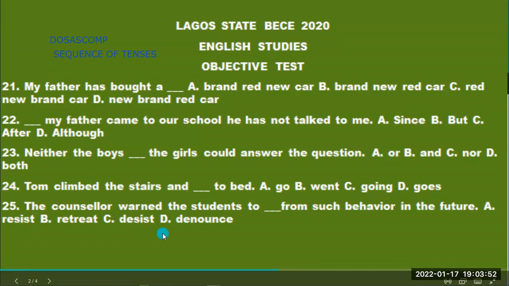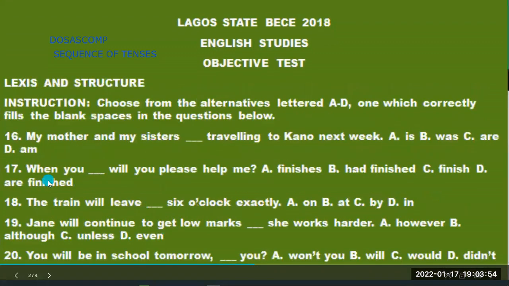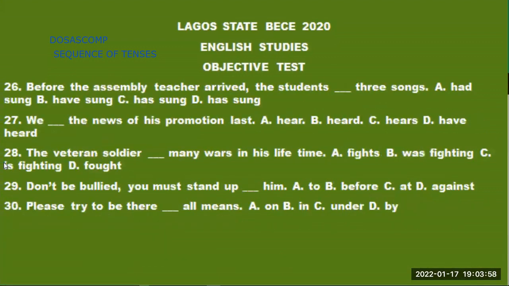Now let's go to question number 26. Before the assembly teacher arrived, the students sang 3 songs. Now here we are looking at 2 actions that happened in the past, and one of them obviously came first.